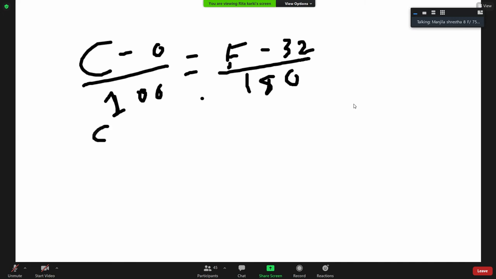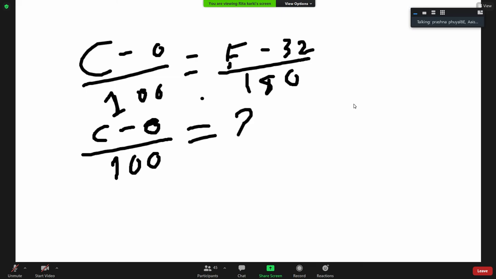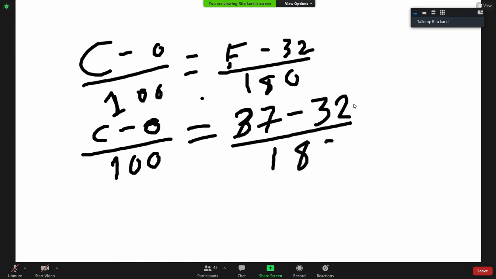So (C minus 0) upon 100 is equal to, instead of F, what do we need to write? We need to write 37. (37 minus 32) upon 180. Clear up to here?